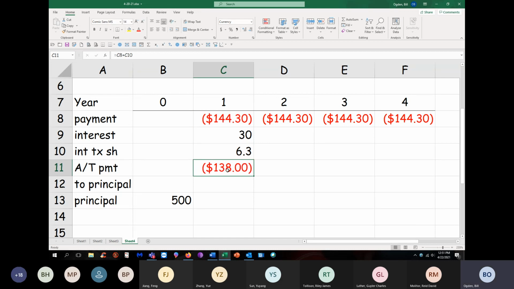Okay, so you're actually going to make a payment of 138 on an after-tax basis. All right, and then of this 144 that you made for your payment, 30 less will go toward principal. So 144 and 30. So we'll add these together.